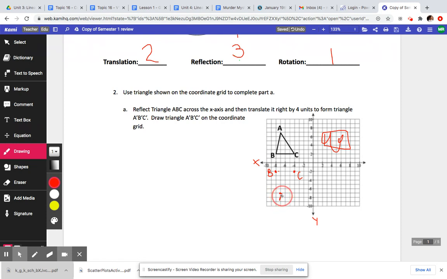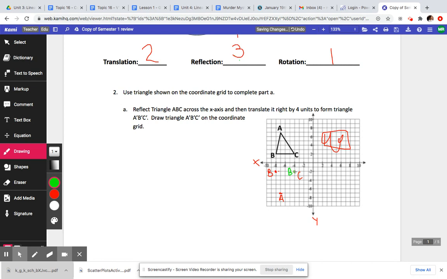However, we are not quite done because we still need to do our translation 4 units to the right. I'll change my color really fast and let's do green. 4 units to the right, we're just going to grab each point and jump 4 units to the right. So 1, 2, 3, 4. Our new B falls right on top of our old C. So there's our B prime.